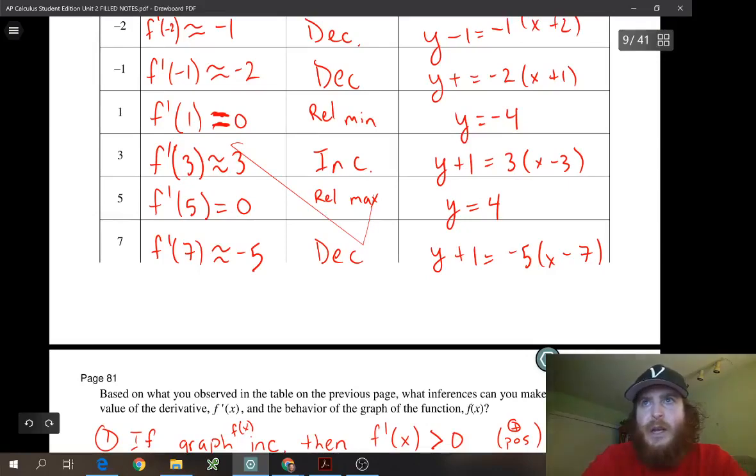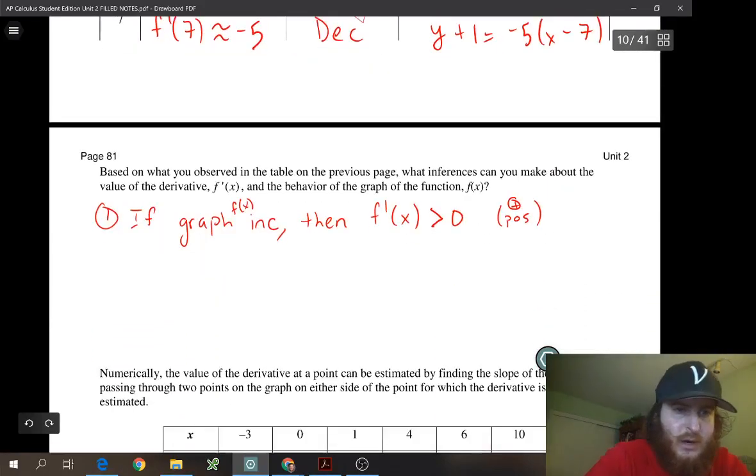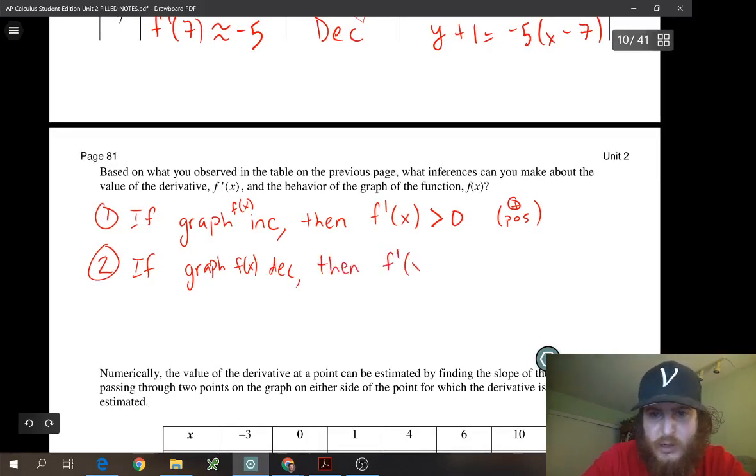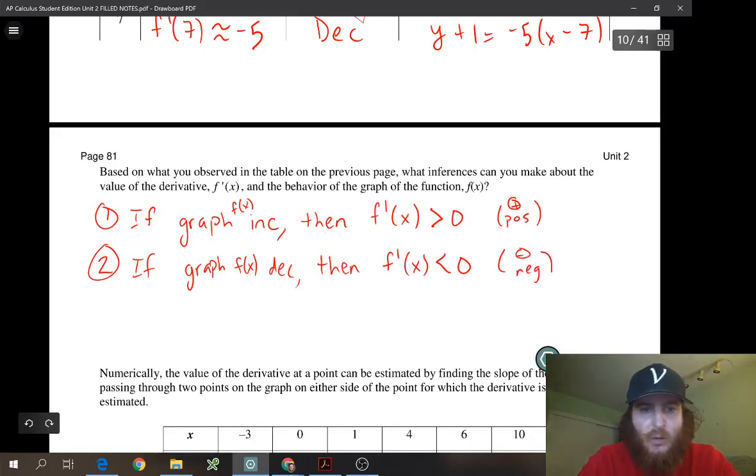Right? And so vice versa, kind of our second inference could be that if our graph f of x is decreasing, then our slope was a negative value. And this actually kind of makes sense from Math 1. You should have kind of already known this, but now it's just looking at it with the curves, right? If the curve is going up, it's increasing, then our slope is positive.